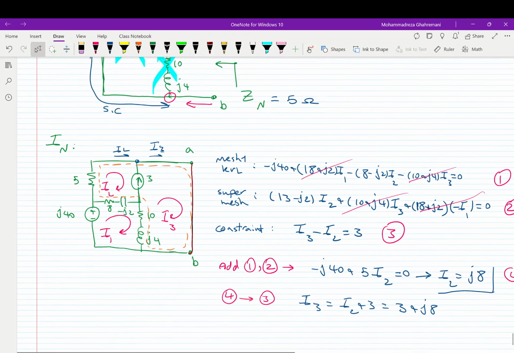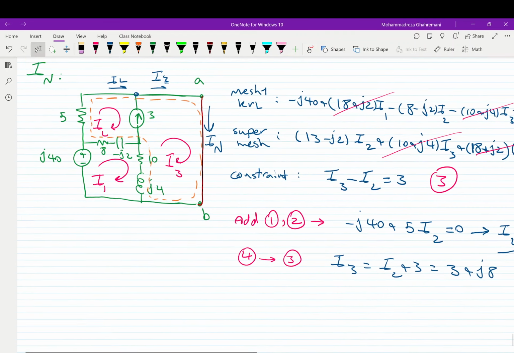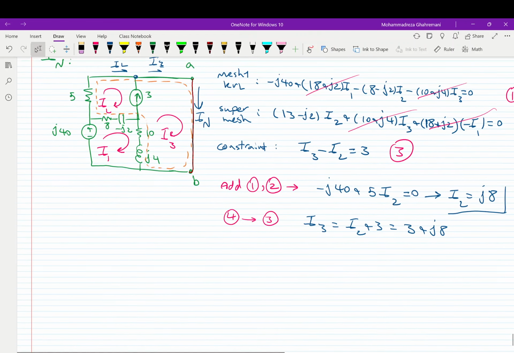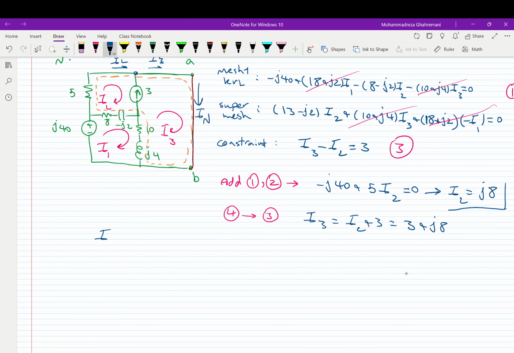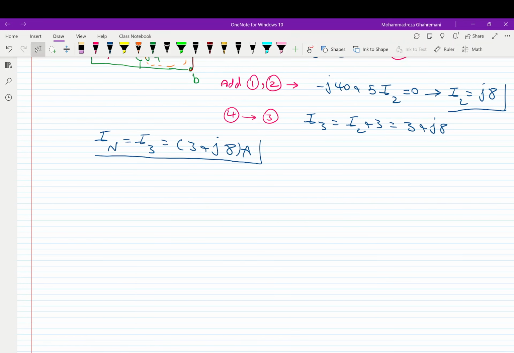Let's look at the circuit. I3 is the same as I Norton. So we can say I Norton is equal to I3, which is equal to 3 plus J8 amp. Okay, now we got I3, so we redraw the circuit.